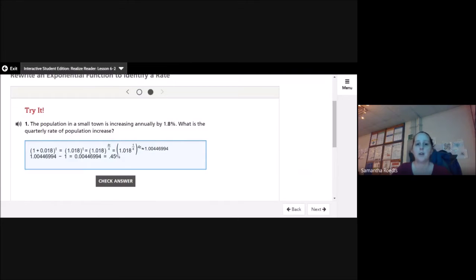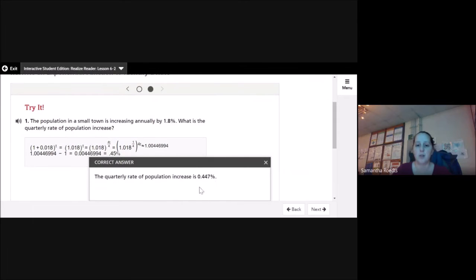So quarterly, I multiplied that answer by 1/4, subtracted 1, multiplied my final answer by 100. They took it out to 3 decimals, so same quarterly rate.